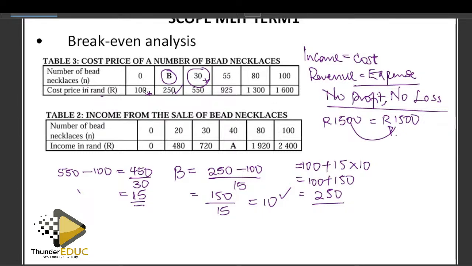What about the value of A here? The value of A is produced by the income. Now you ask yourself, if 20 cost 480, what about 1? So we do 480 divided by 20, and the answer is 24. Sorry, this is 24, not 14.